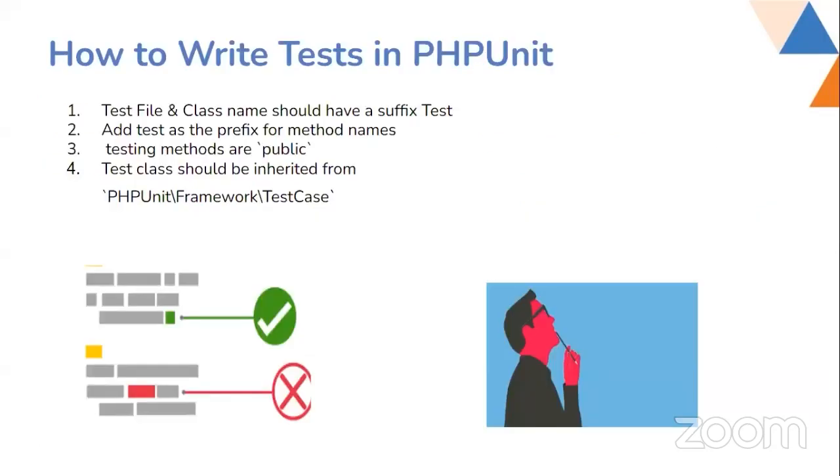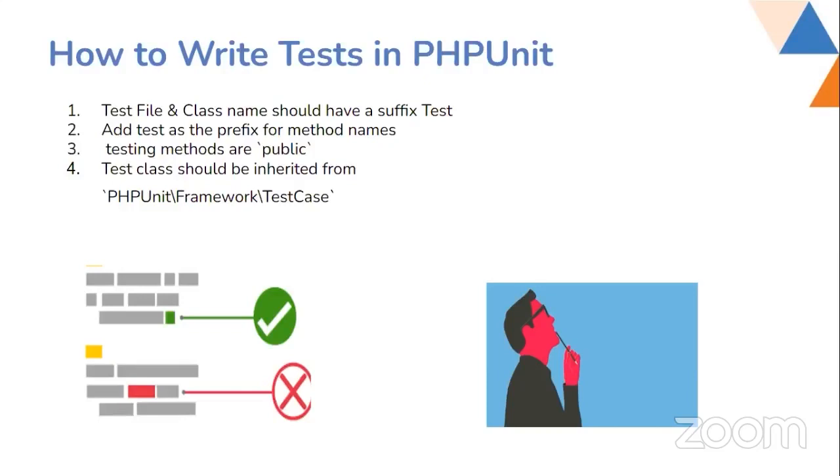Now I'll tell you how to write tests in PHPUnit. PHPUnit has some basic conventions and steps to write the test cases. The first step is, to do the testing, you have to create one test file and also one class. To create a test file, you have to follow the naming convention.